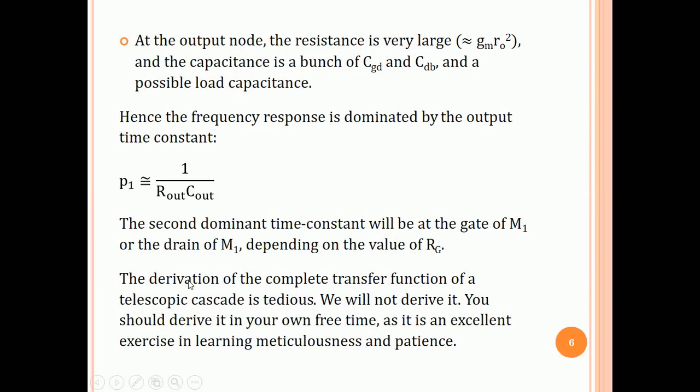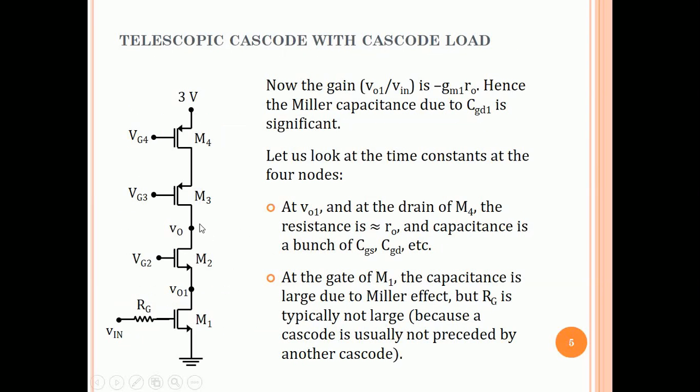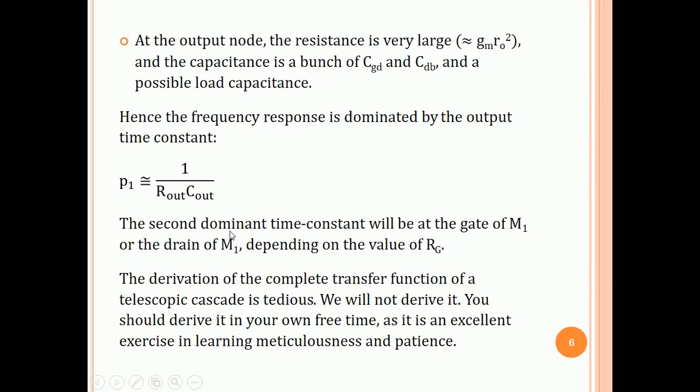Alright, so as I said at the beginning, the derivation of the complete transfer function of a cascode is tedious. It is 3 nodes. It is very, very tedious. It is one of the most complex transfer functions you will encounter in this course. We will not derive it.